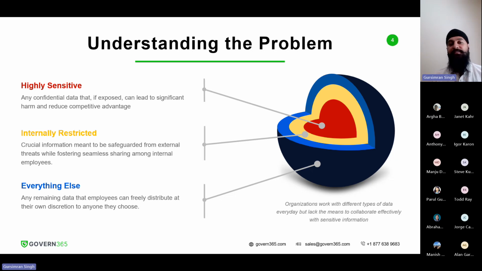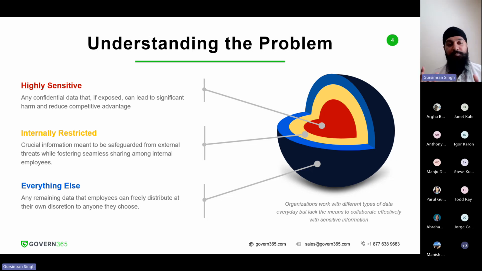The highly sensitive data is all this information that can lead to significant harm financially and ethically, and it can ruin the reputation of a company if data leaks happen like that. So this is really where Govern 365 has its greatest focus, using Microsoft Purview to protect this data as strictly as it can, while still providing all the collaboration features and all the productivity that we have come to expect.